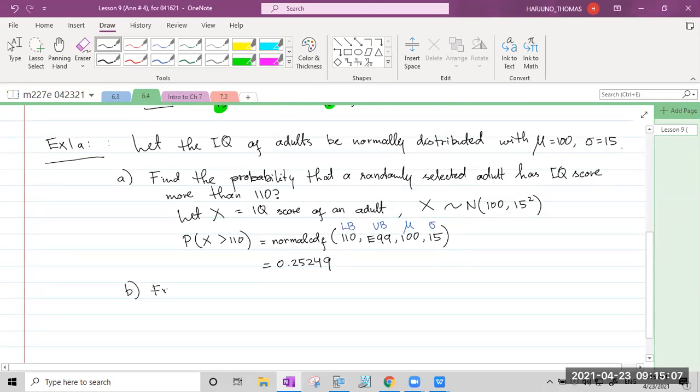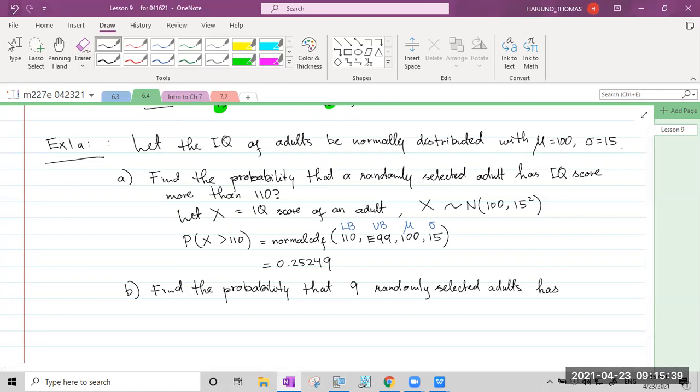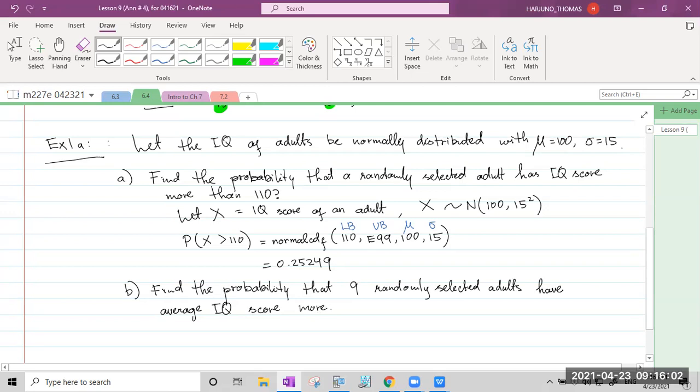Now, we change the problem. Find the probability that 9 randomly selected adults have a mean IQ score, an average IQ score, more than 110.